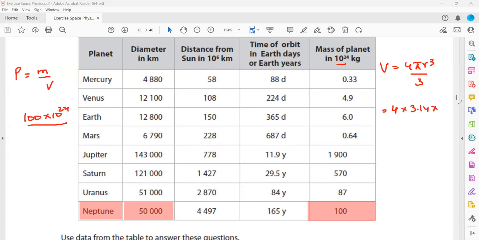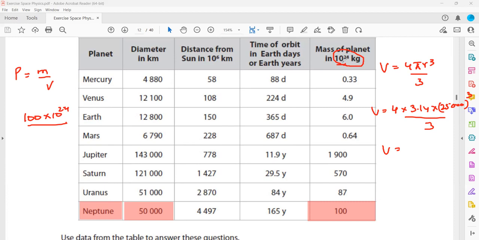So it will be 25,000 cubed. When you solve this, what's the final answer for the volume? Why 10 to the power? Because it's written here, the mass of the planet is given in 10^24 kilograms. So it's 100 × 10^24. This is 87 × 10^24.